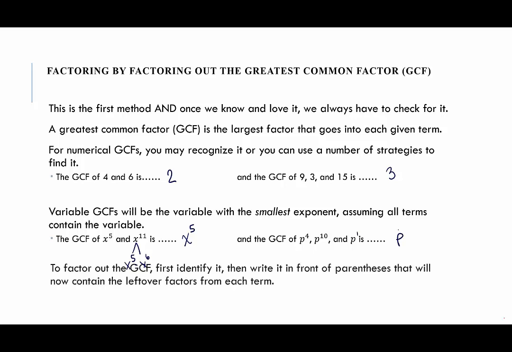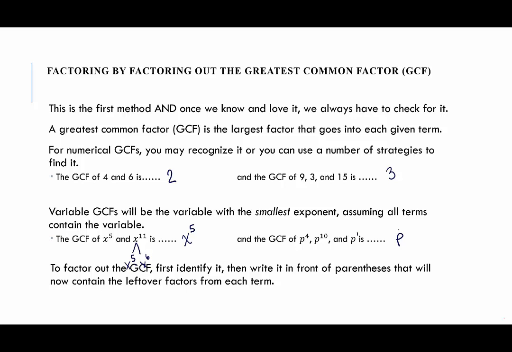To factor out the GCF, so now we know how to find a GCF, what we're going to do when we're given a polynomial is we're going to identify it, we put it in front of parentheses, and then we put what I call the leftovers from each factor in a set of parentheses.